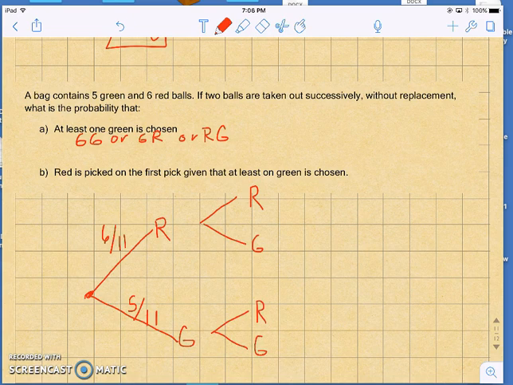But if you notice here, it says it was taken out without replacement. So all of these on the second draw are going to be fractions out of 10. And here we drew a red one on the first one, so there's only 5 red left. So that means there's still 5 green. But this one, if we drew a green, there's only 4 green left and 6 red.